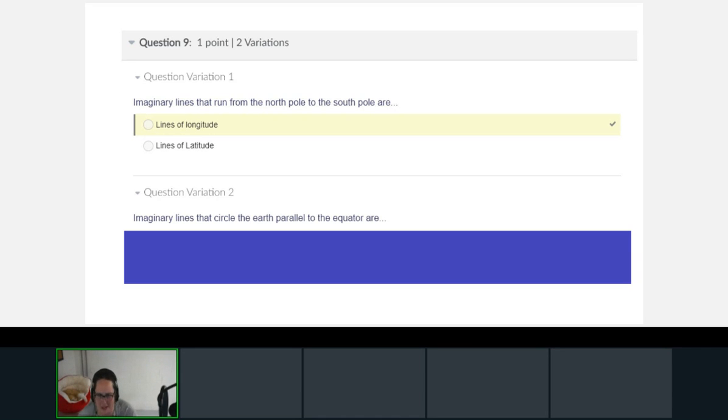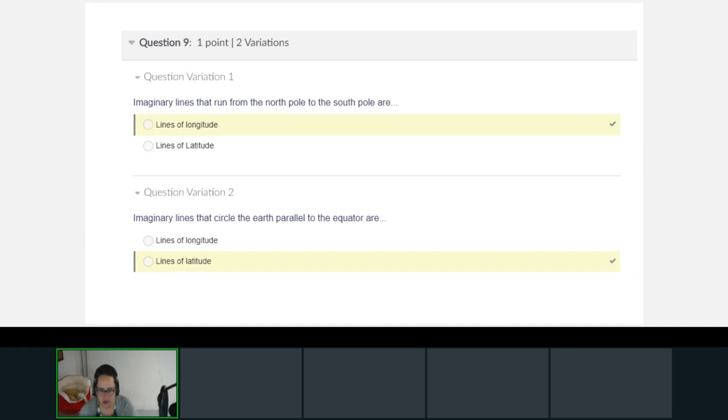Even I get them mixed up. So vertical, horizontal. Lines that circle the Earth parallel to the equator, which are horizontal, lines of latitude, horizontal. So imaginary lines that circle the Earth parallel to the equator are lines of latitude.